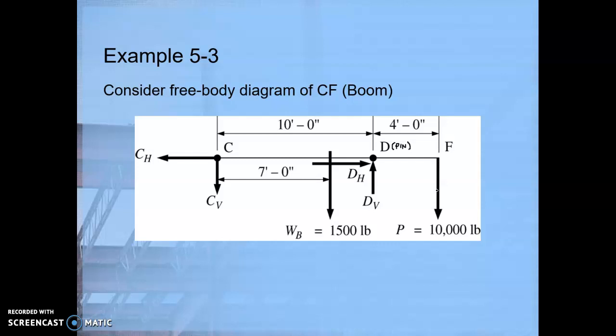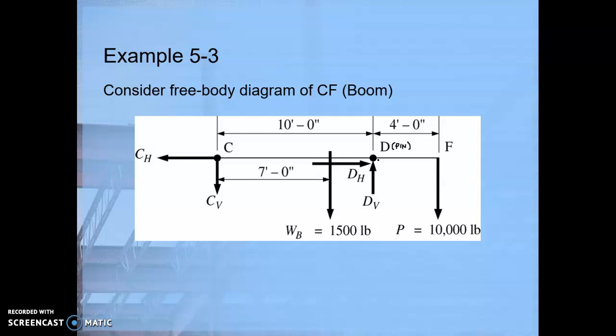Also, this big load out here at the end is going to cause rotation about point C, in this clockwise direction. It makes sense also that D is going to be pushing back, that that diagonal framing member was in compression. So it's pushing both up and to the right. So the pin here at D is going to be pushing against the boom up and to the right.